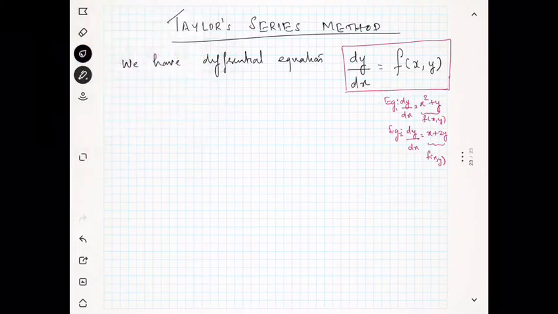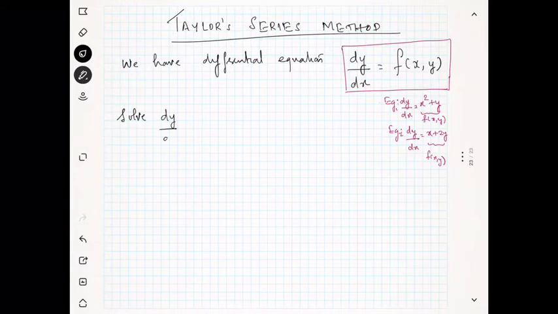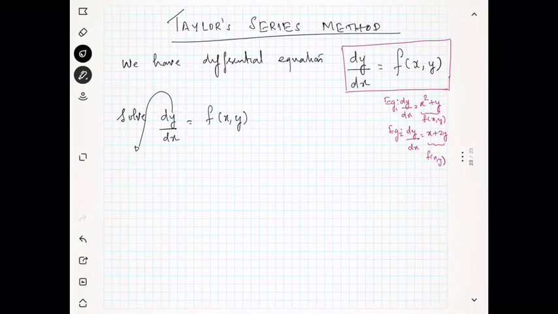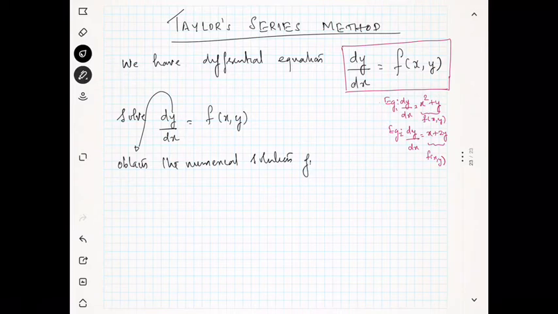Now you know that we want to solve dy by dx is equal to a function of x comma y. That means you want to obtain the numerical solution for y.